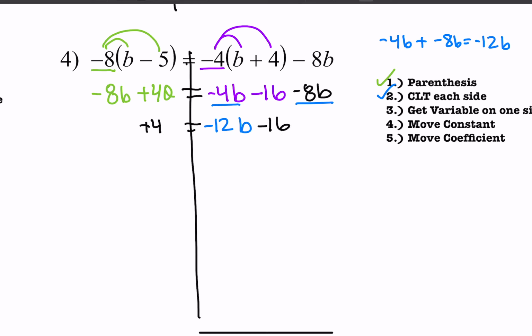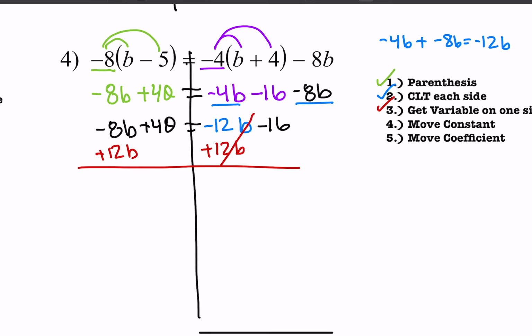Make sure your b's and your 6's look different. I got to get my variable on one side. So I'm going to add this 12b and again line it up with the other variable on the other side. This leaves us with negative 16 plus 40 and 4b. Negative 8b plus 12b is a 4b.